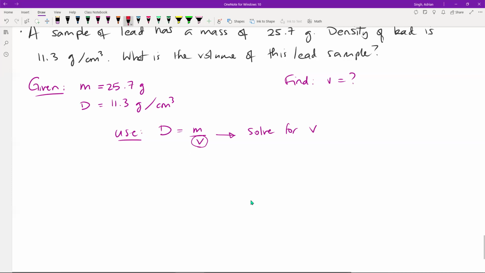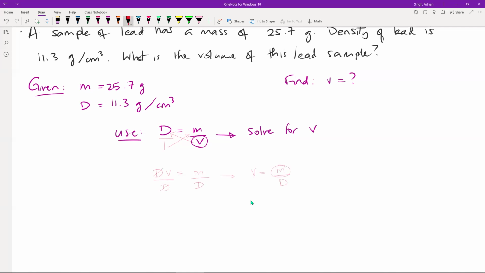So for example, if I put the D over 1, and anything over 1 is the same thing, I can cross multiply this way, so I end up with D times V is equal to, cross multiply that way, M times 1 is M. Okay, DV is equal to M. And then to isolate V on the left side, I can divide this side by D. D cancels. This is an equation, so whatever I do to one side, I need to do to the other side as well. So I end up with the volume being equal to the mass divided by the density.